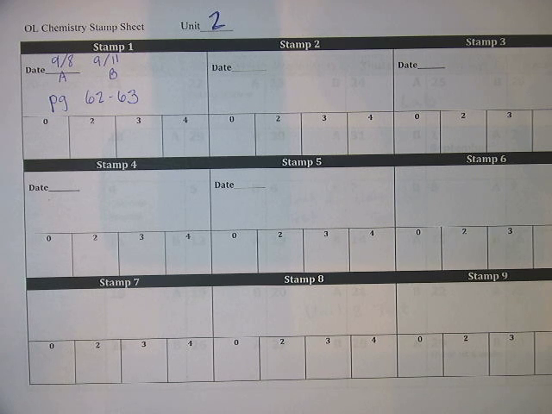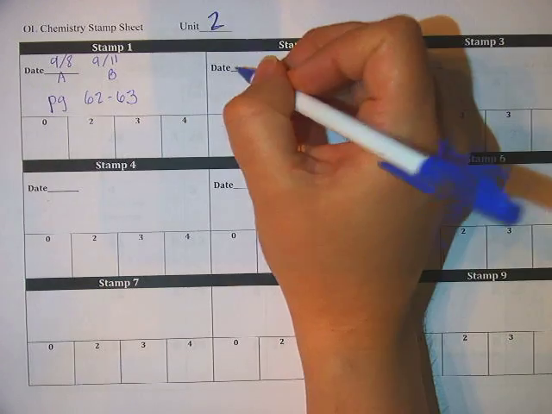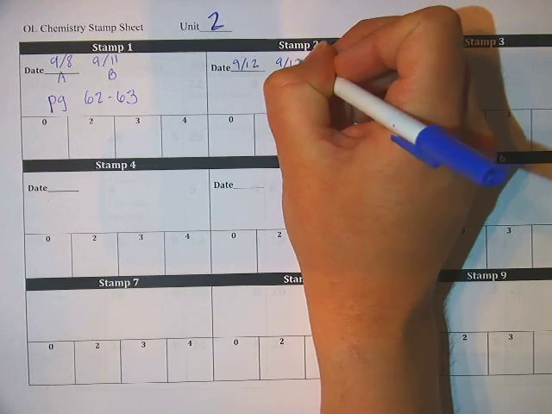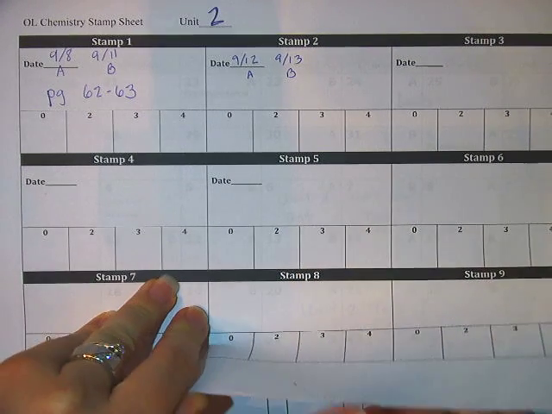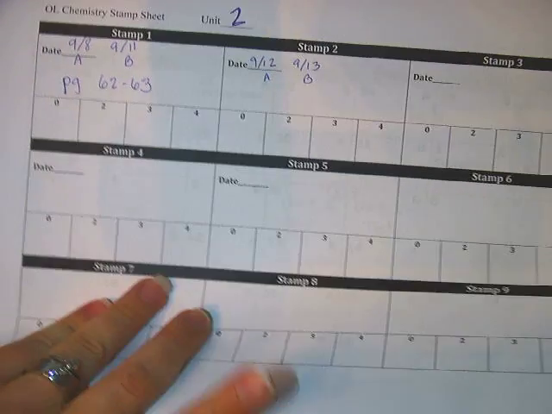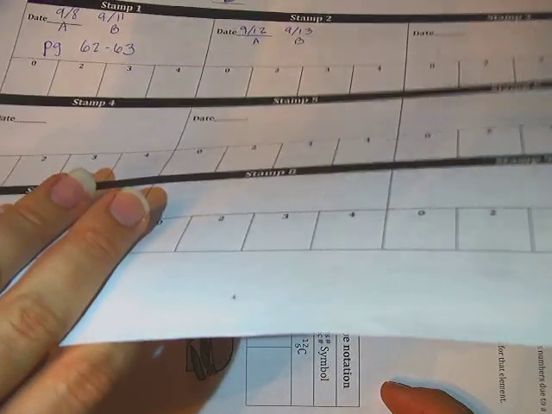Regardless, the day of the 12th for A days or the 13th for B days, your stamp is going to be completing, let me double check the page before I have you write this down.